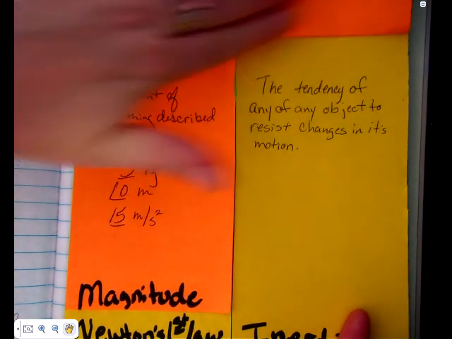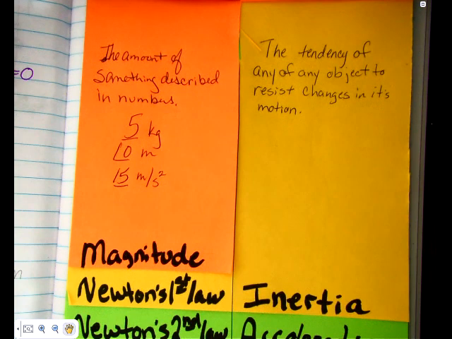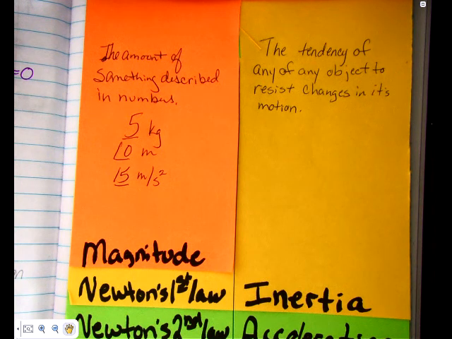Inertia, the tendency of any object to resist changes in its motion. And we've given several examples of this in terms of metaphors, like your tendency to resist getting up to do homework or getting up to do chores at home, that's your inertia in other words.